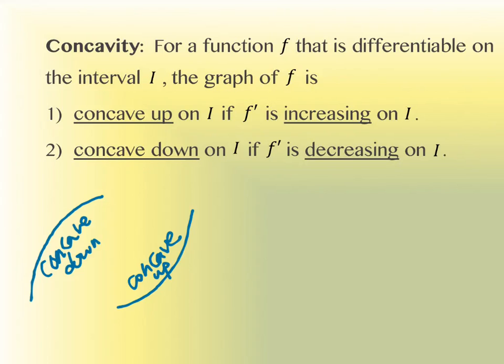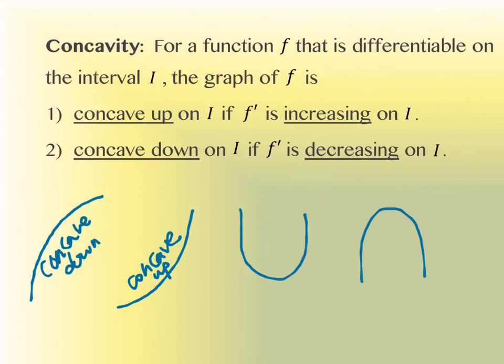A lot of times you'll hear somebody describe this in an algebra context, especially with parabolas. This is a concave up graph, and this is a concave down graph, and the idea being if something can hold water, it's concave up for a parabola. If it would dump the water out, it would be concave down. Now, on our graphs, they may not be full parabolas, so we don't want to have that full sense of it, because neither of these graphs that I started with are going to hold anything.